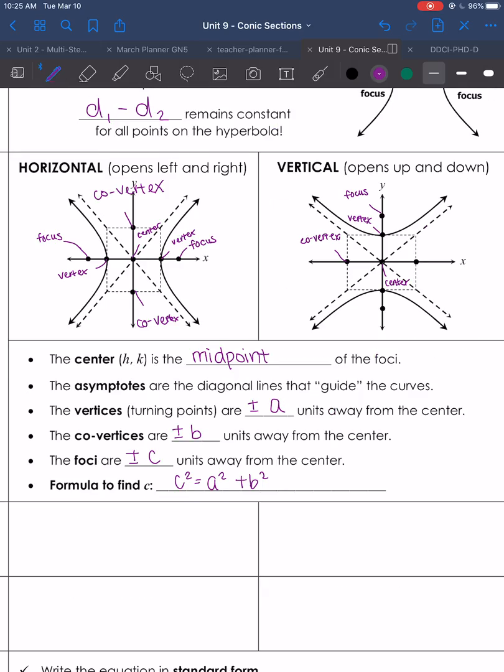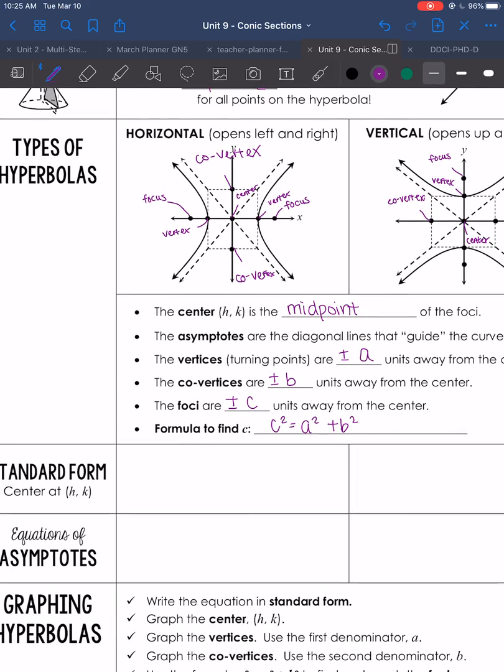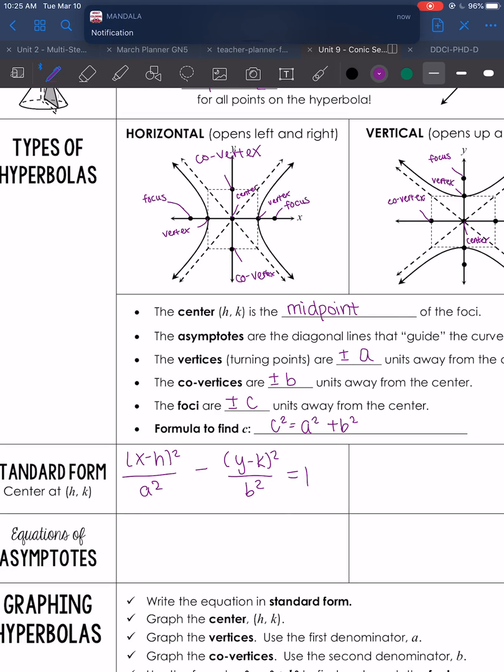And so if we want to write this in standard form for a horizontal one, we're going to have (x minus h) squared over a squared minus (y minus k) squared over b squared equals 1. And to find the equations of our asymptotes, if it's horizontal, y equals plus or minus b over a times (x minus h) plus k.